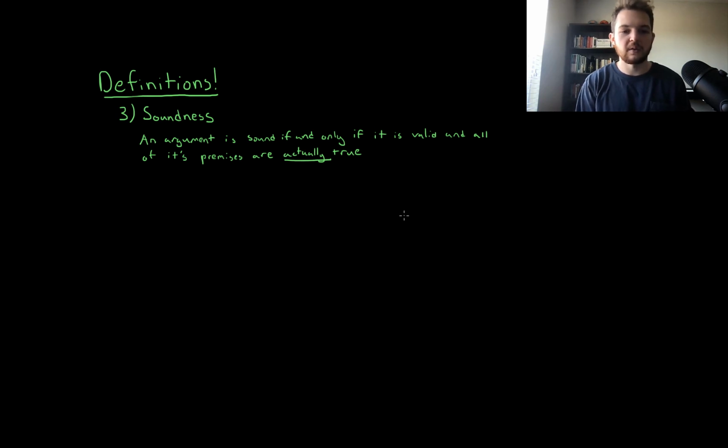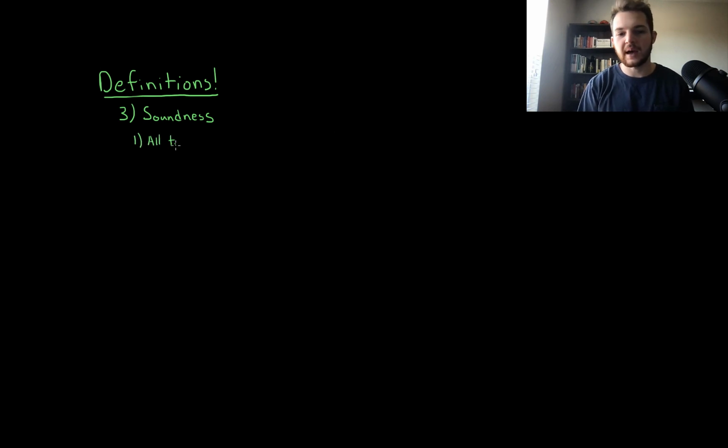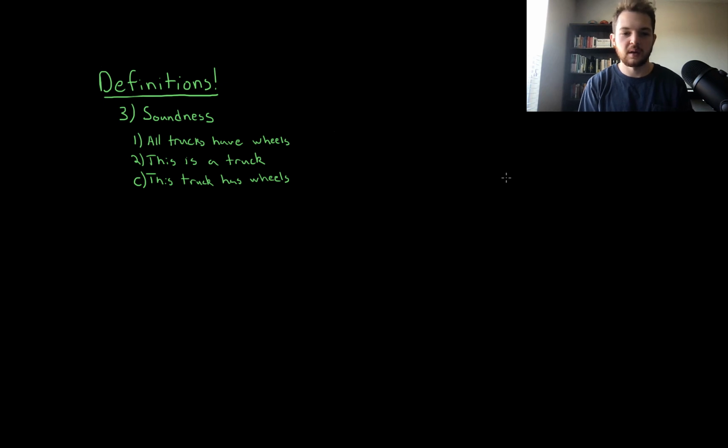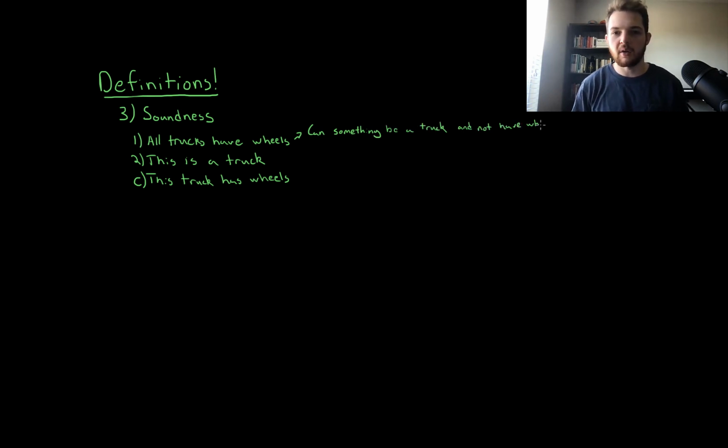So let's take another look at our valid argument and see if it is sound. Again, we've got all trucks have wheels. This is a truck. And this truck has wheels. But are these premises all actually true? I'm not sure. For instance, we can question premise 1 by asking, can something be a truck and not have wheels? For example, if I took all the tires off my truck, would it still be a truck?